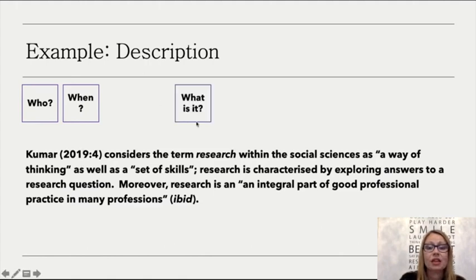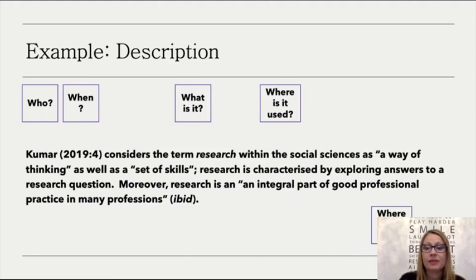What is it? So one of those questions here, well, we're talking about research and we've defined our parameters of where it is used. Here we've defined it as social sciences. Obviously research can happen in the humanities, in the creative arts, etc. So defining your parameters is really helpful here.